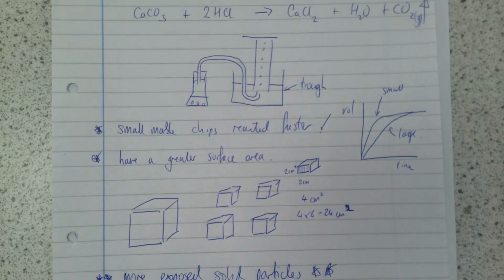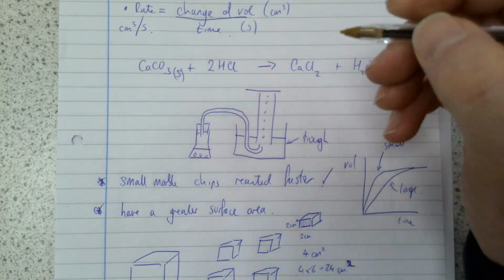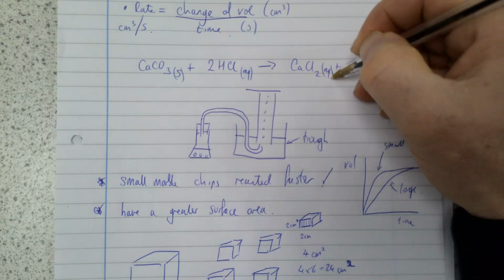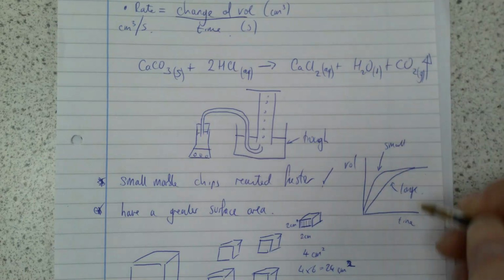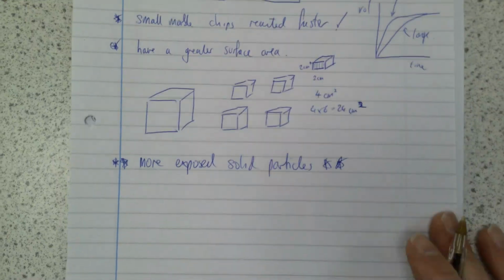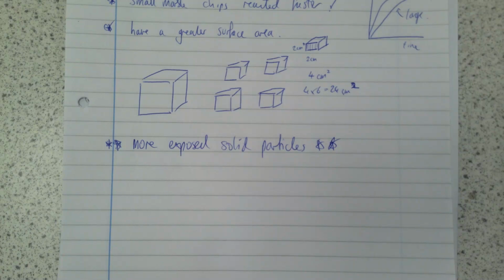I probably should have put up here the state symbols, making it clear that calcium carbonate is a solid, the acid and the calcium chloride are dissolved in water, aqueous, and water is a liquid. The key thing there is that the calcium carbonate is a solid. This only applies to solids, of course. And we'll look at other examples of this next lesson too.